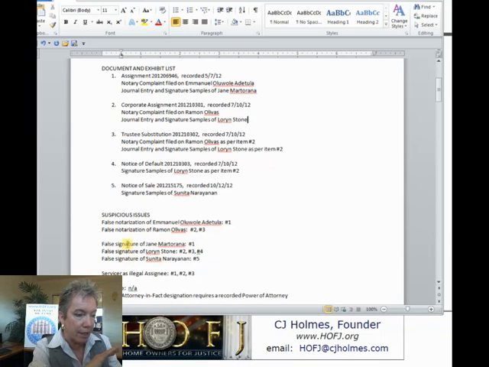And then here are the false signatures. You'd want to direct attention to the signature samples, if you can find them, of different signature samples for Jane and of course Lauren, if you have a journal entry for either one of these. Oh, and also Sunita, because Sunita signed the notice of sale.